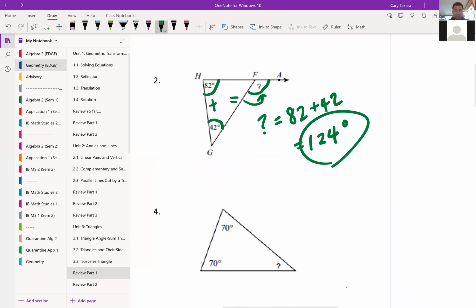Number 4. I'll give you 1 minute and please share your answers. So what will be this question mark? What do you think this X is going to be?